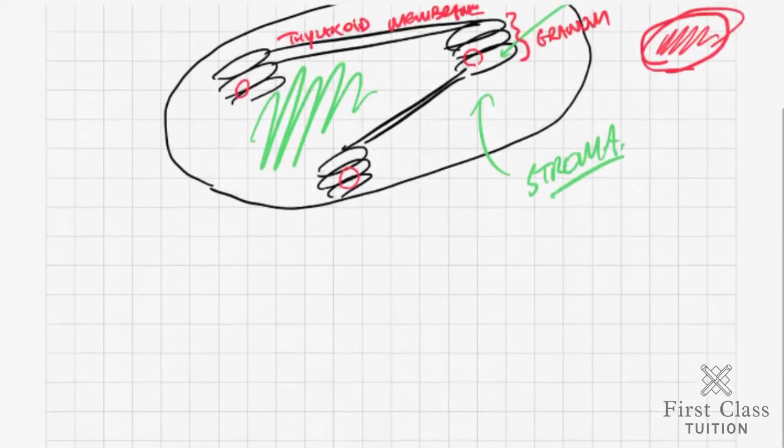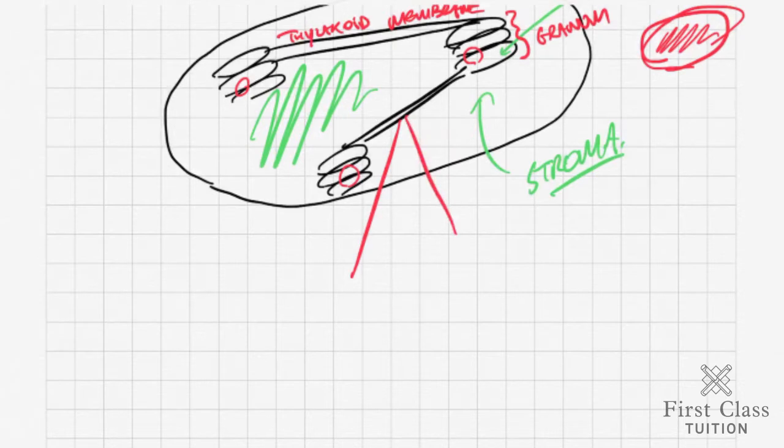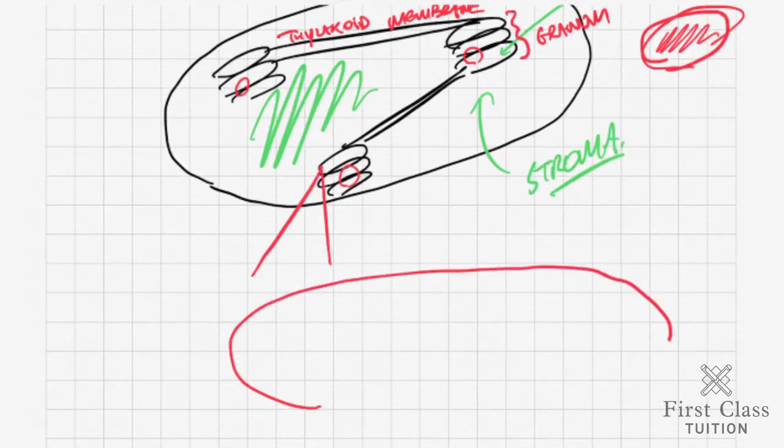Now, if we looked really closely at one of these grana and looked at the structure of it, here is one of those grana enlarged. So this is just basically one long thylakoid membrane.